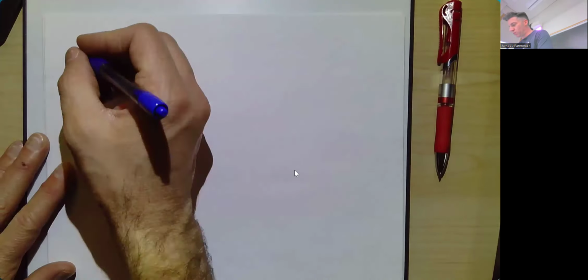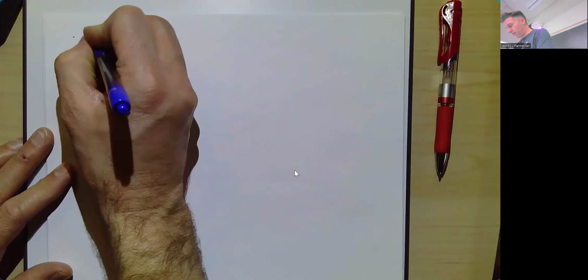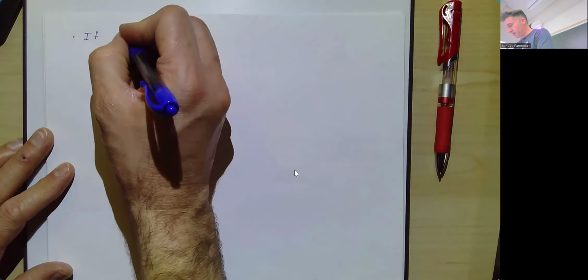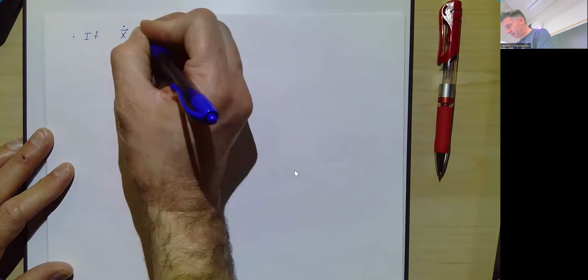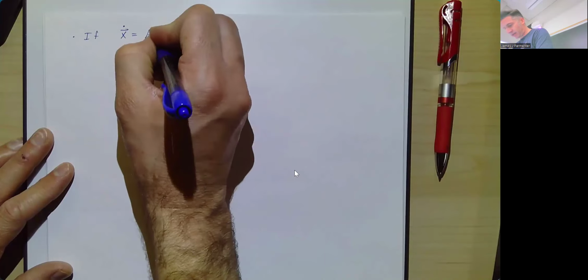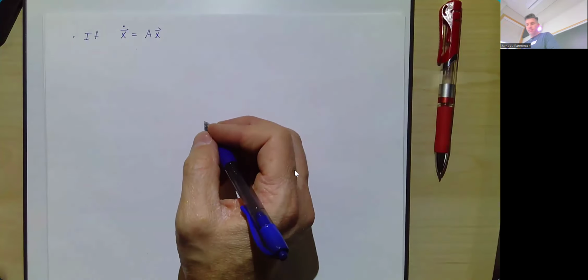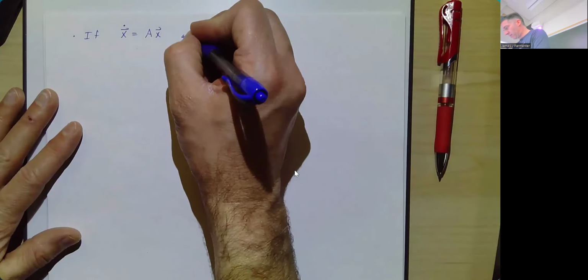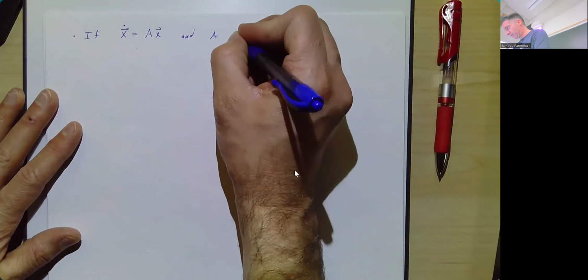So we're going to have the usual setup. If your equation is x dot equal to A times x, and of course, A is a 2x2 matrix, as it usually is.